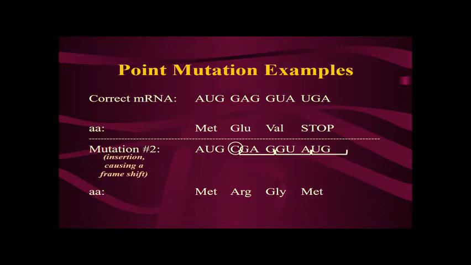From the point of insertion onward, all the amino acids end up being different. Because an insertion and a deletion causes a frame shift and can alter so many amino acids, insertions and deletions, frame shifts, are usually more harmful than a substitution because we usually see more differences and more changes in the genetic code.